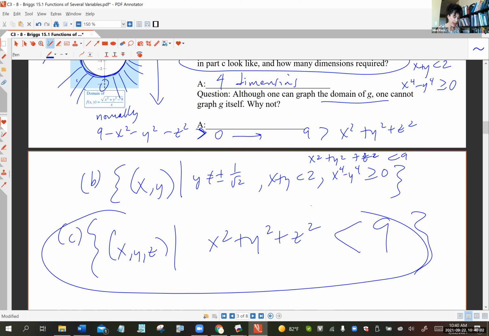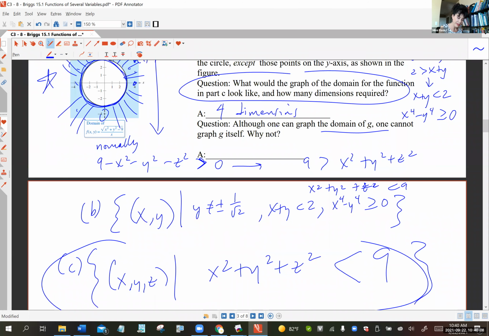You can't graph G because he needs 4 dimensions, and for the domain, you only need 3 dimensions. So the domain you can graph, but the actual function you can't.